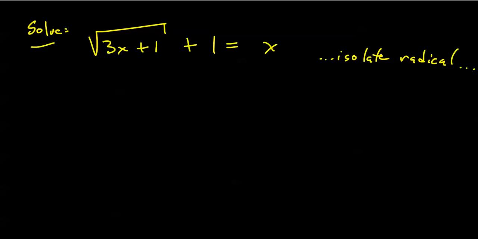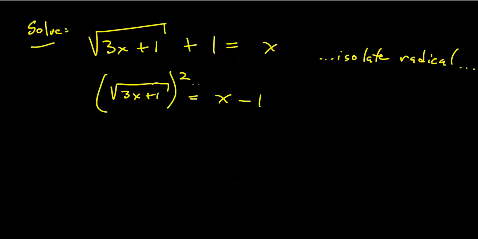Right, so then we can raise both sides to whatever power we need to get rid of the root sign. So here I'm just going to subtract 1 from both sides, and you'll see then I've got a root expression on the left-hand side all by itself.